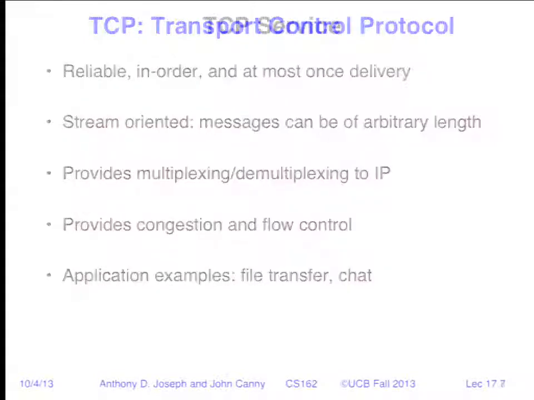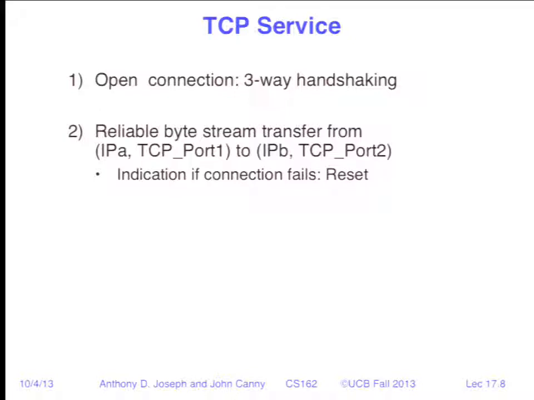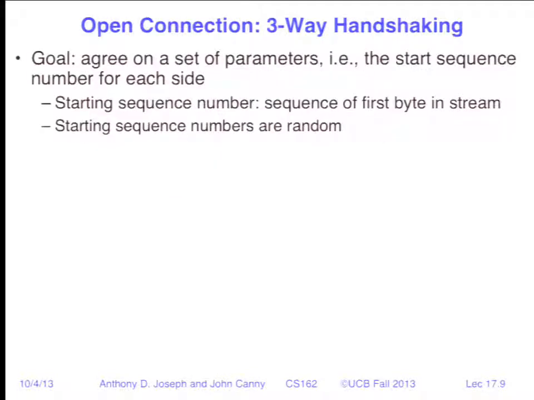Okay. So TCP as a service does the following things. First, we open the connection. There's a three-way handshake that occurs when we open the connection to set up that connection. Then we actually send our bytes. Right? And so again, as a really simple security measure, and also to deal with repeated connections that I might make from one machine to another, we make the sequence numbers random.